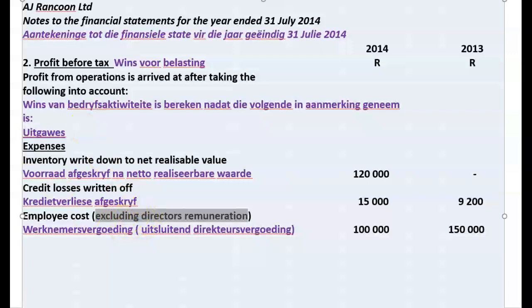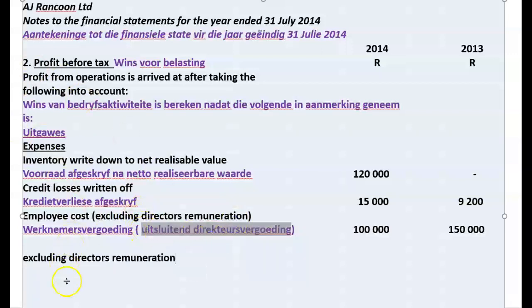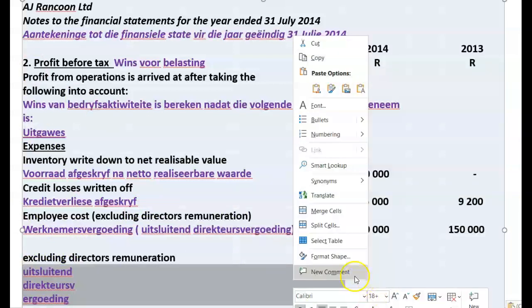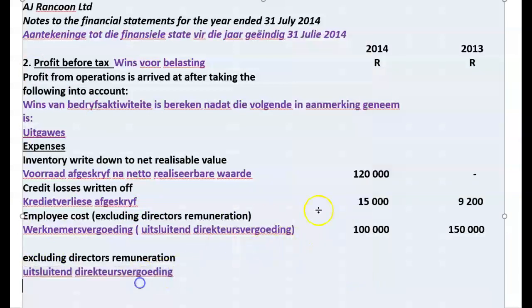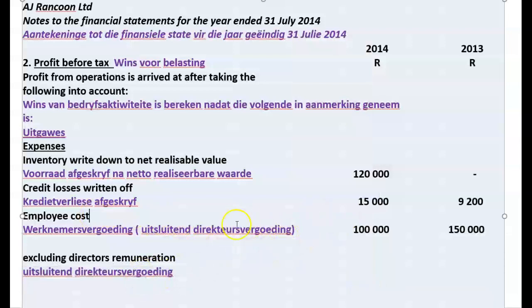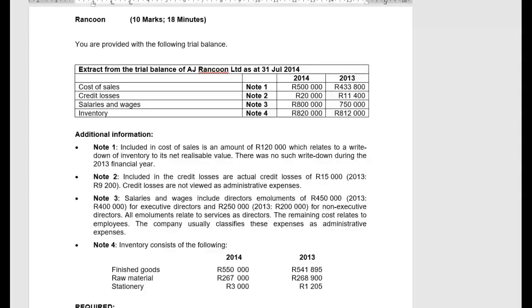I wonder whether I shouldn't copy it there so that you know it's not part of the note. Let's do that. There. So that should only read employee cost with a total, werknemersvergoeding in Afrikaans, with a total. And that will exclude the directors' emoluments.